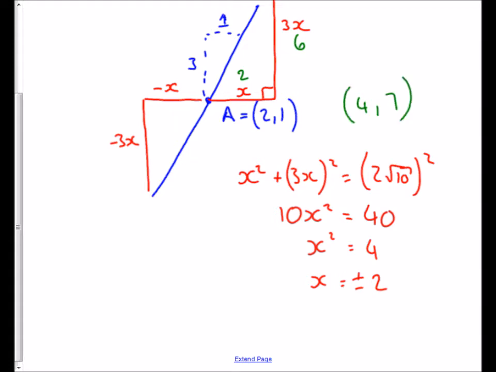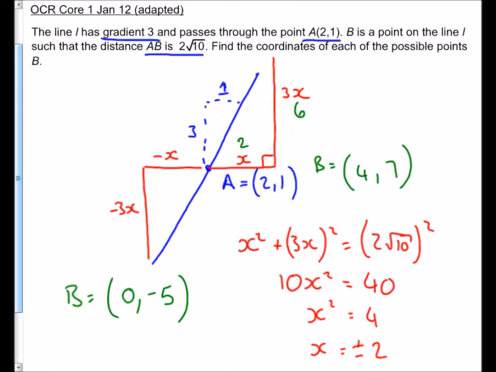So this is one possible coordinate for B, and then the other possible coordinate, so I start at 2 and I go backwards 2, well that takes me to 0, and I'm at 1 and I'm going down 6, so that takes me to minus 5. So that's my other possible point. So there were 2 points we were asked for, and the 2 points are 4, 7, or 0, minus 5.